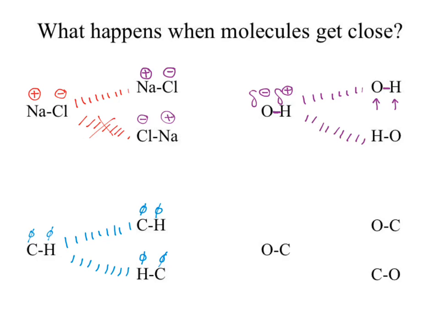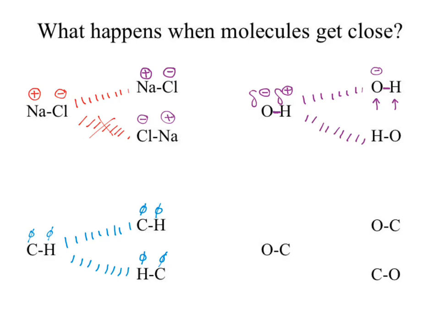Oxygen, which means oxygen is more electronegative. What does that mean it does to the electrons in that bond? Goes to the oxygen. Oxygen has now accepted electrons. What charge does it become? Becomes negative because it's gained electrons.